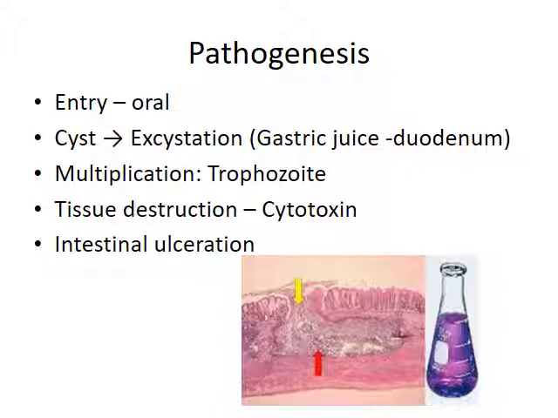We shall see the steps of pathogenesis of intestinal amoebiasis. As we already know, the mature quadrinucleated cyst enters through the oral route and the cyst undergoes excystation in the small intestine, thereby bypassing the gastric juices of the stomach, and once it undergoes excystation, the trophozoites are formed.